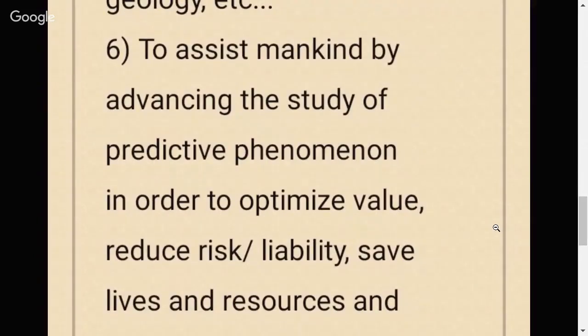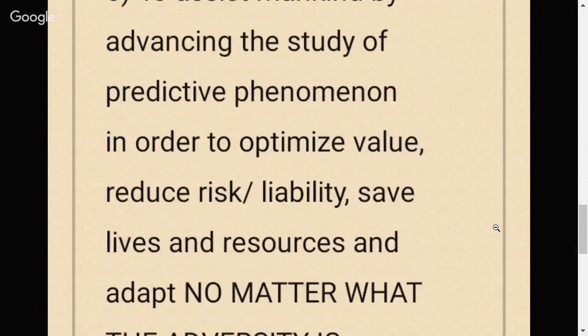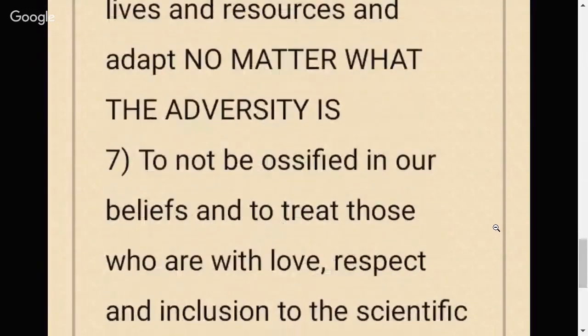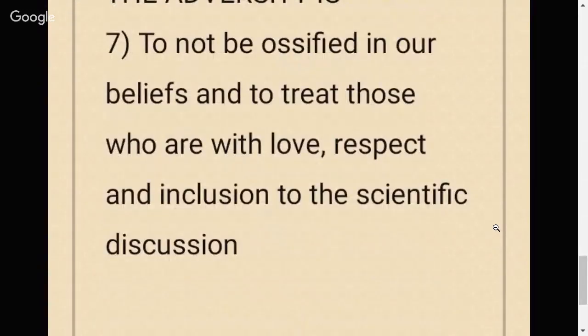Also to assist mankind by advancing the study of predictive phenomenon to optimize value, help the humans, reduce risk and liability, save lives and resources, and adapt no matter what the adversity for the humans is. And lastly, to not be ossified in our beliefs and treat those who are with love, respect, and inclusion to the scientific discussion.